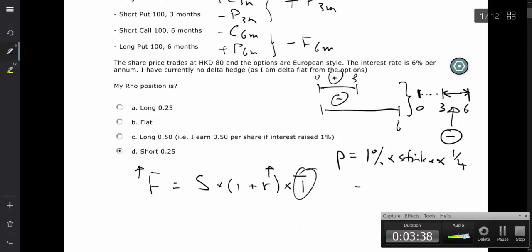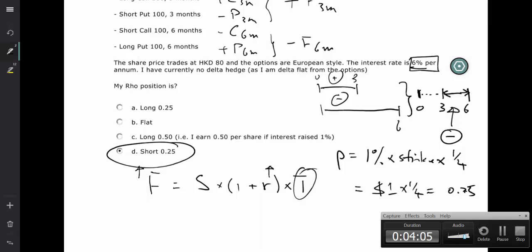The strike is 100, so 1% of 100 is just $1, multiplied by a quarter, which is 0.25. But I said you are short, so that's why the last one, D, is the right answer. The interest rate here doesn't feature in a rho calculation. Whether it's 6% or 8%, it is just the increment when it goes from 6 to 7, what happens. Okay, that's question 1.